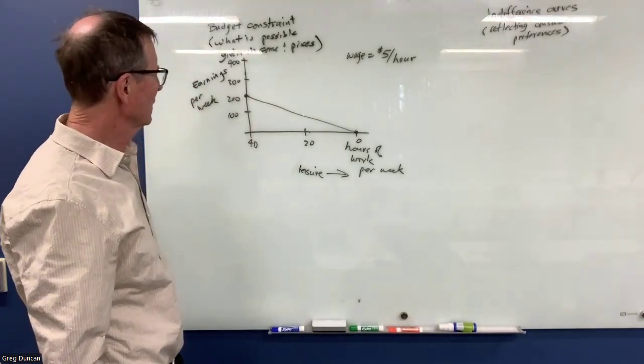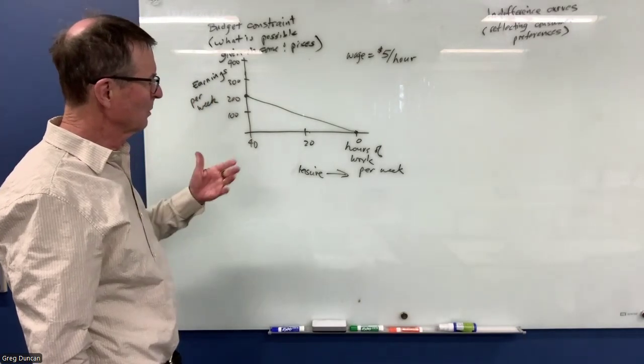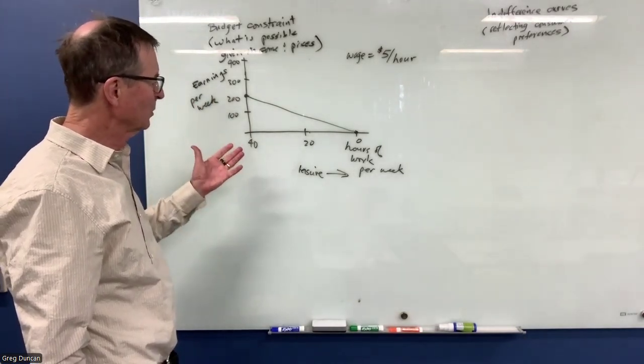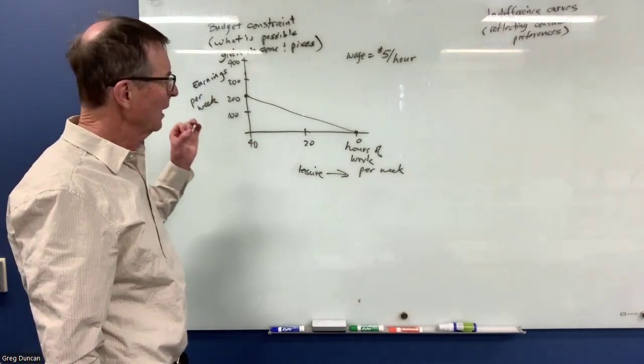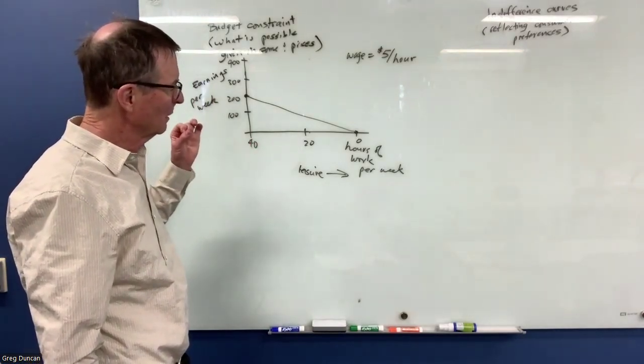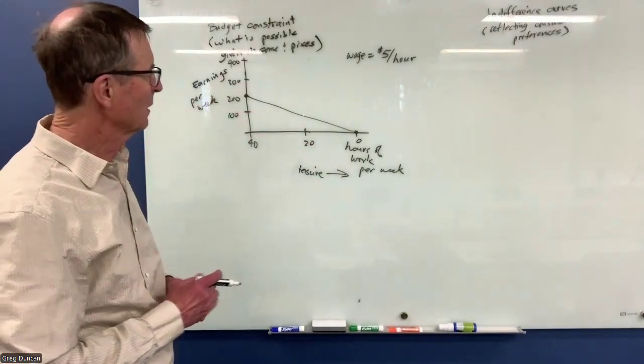And what's nice about this is that it enables us to bring in a complication to a budget constraint that isn't just raising a price from $1 to $3.